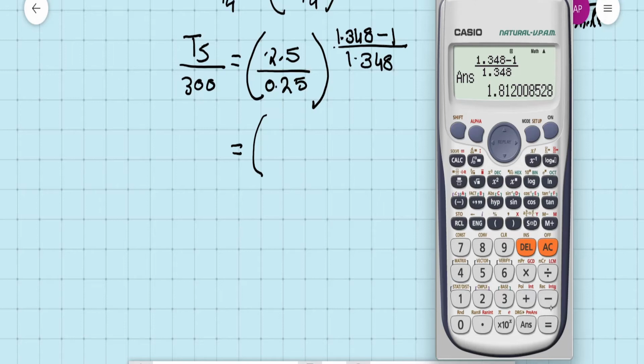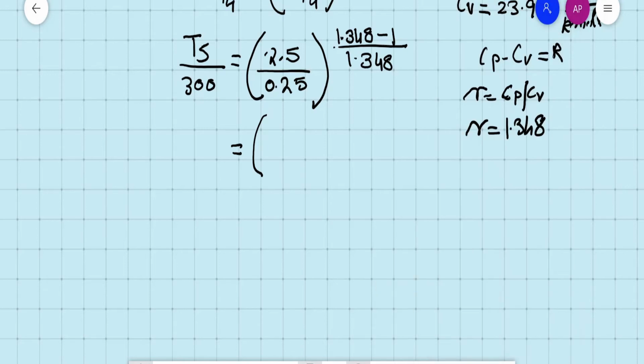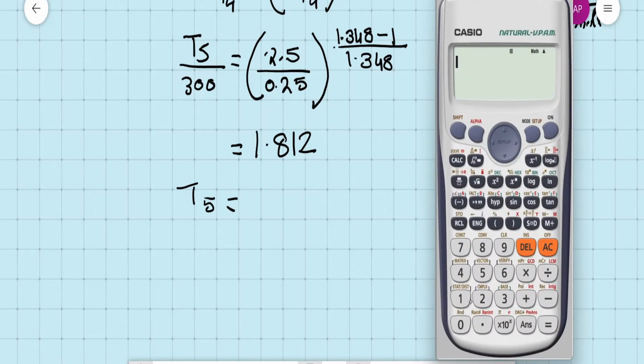This is equal to 1.812. Therefore, T5 is equal to 1.812 multiplied by 300, and that is equal to 543.86 Kelvin.